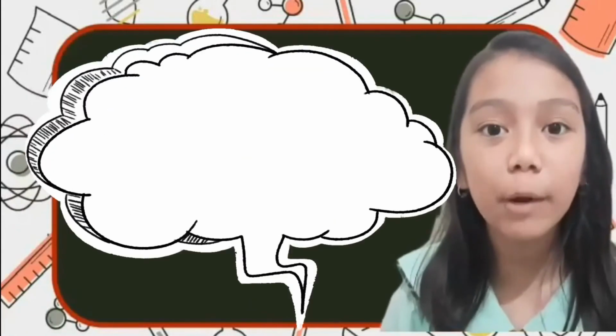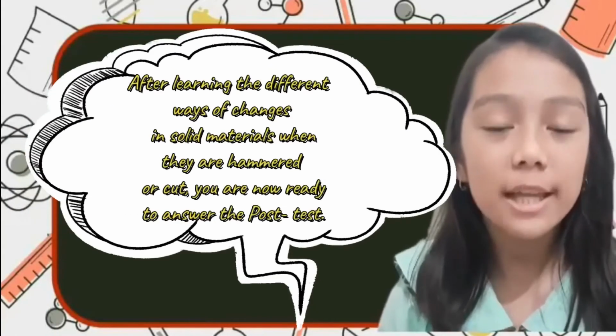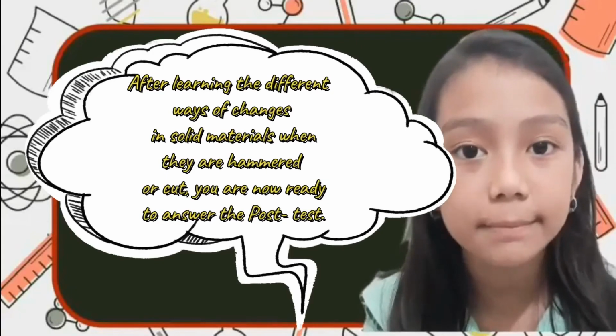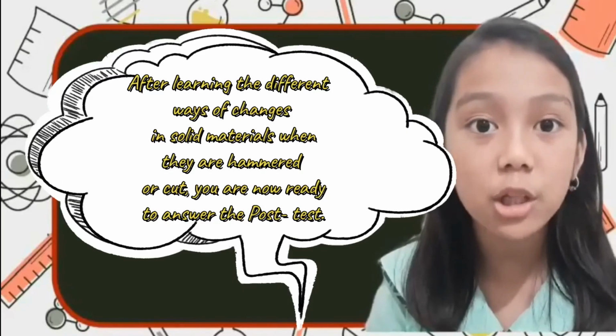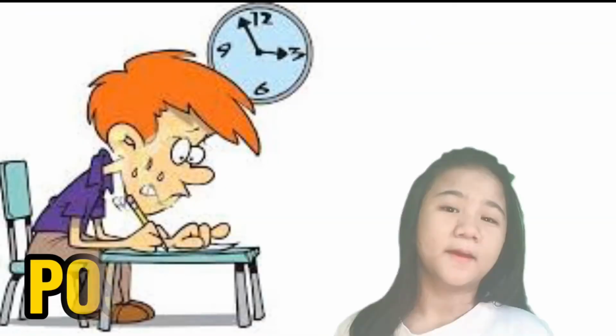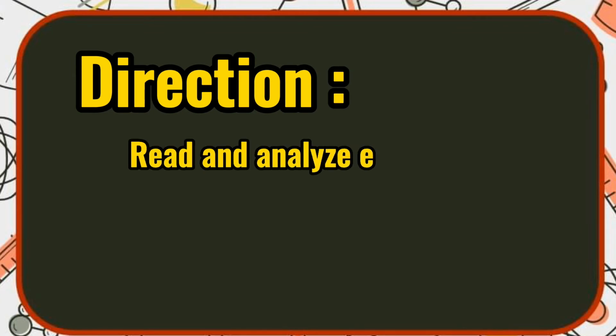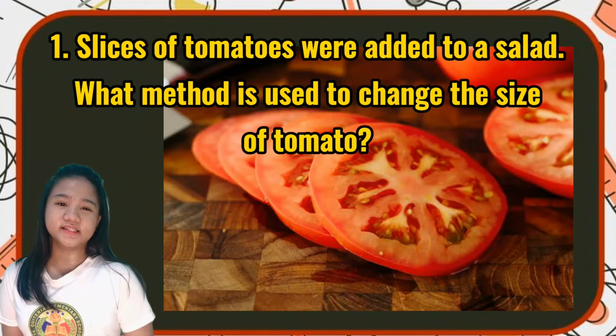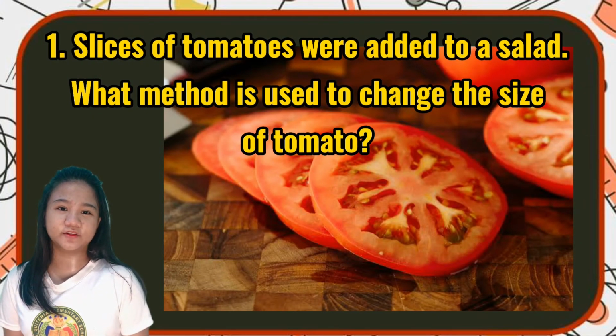After learning the different ways of changes in solid materials when they are hammered or cut, you are now ready to answer the post test. Post test. Number 1. Slices of tomatoes were added to a salad. What method is used to change the size of tomato?